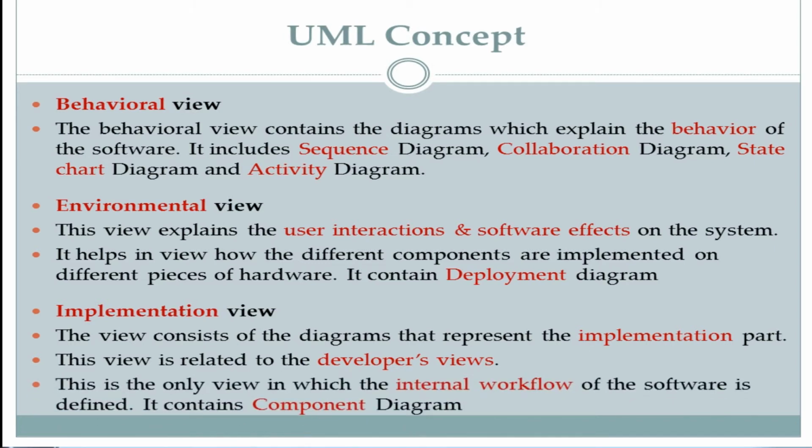This is the only view in which the internal workflow of the software is defined. As compared to the other four views like behavioral, environmental, structural and user, it is the implementation view in which the internal workflow of the system gets defined. To represent that internal workflow, the component diagram is used.